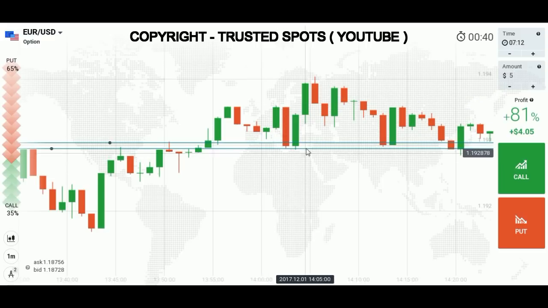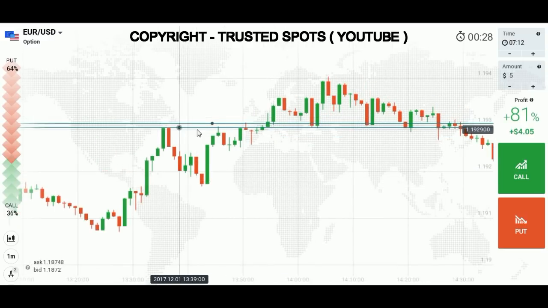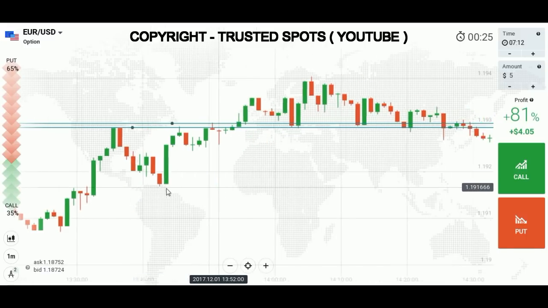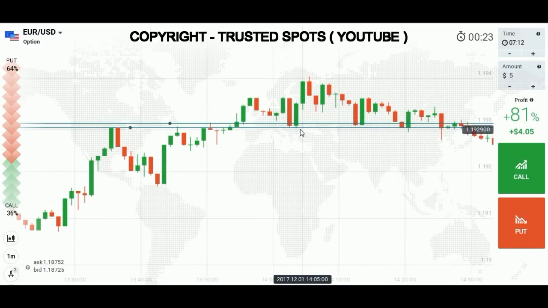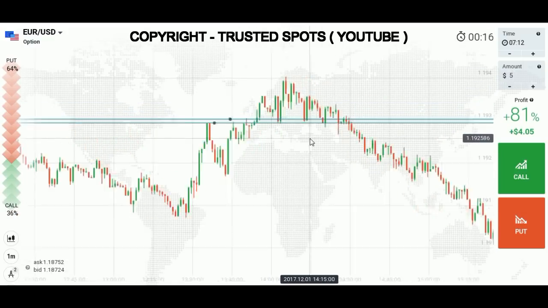This level worked as a support here. So now the whole world, if they are looking for this area, this level is a support because this was a resistance. The people who were seeing this as a resistance are seeing this level as a support, and so you have evidence and it will work fine because you are going with the trend.